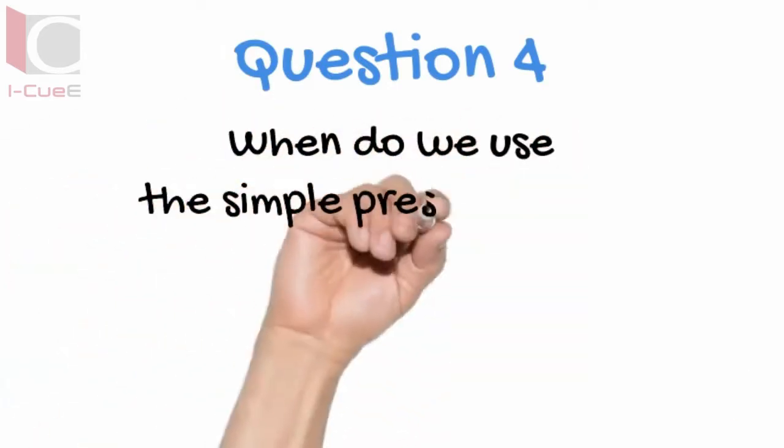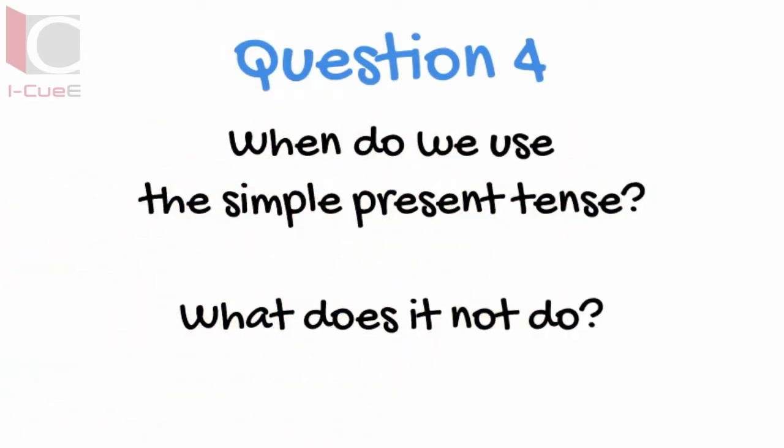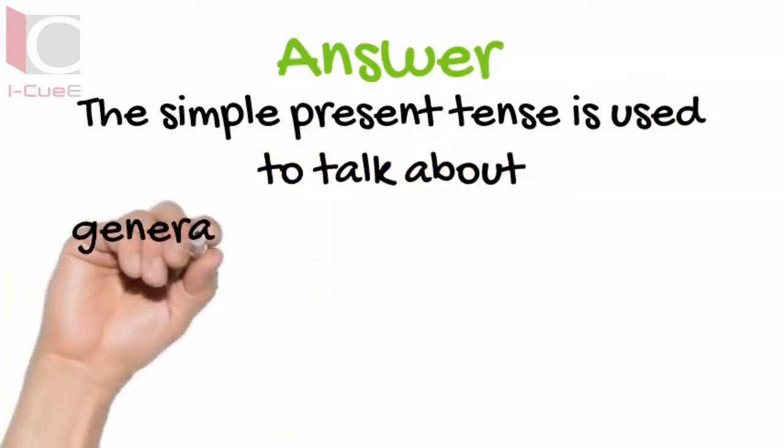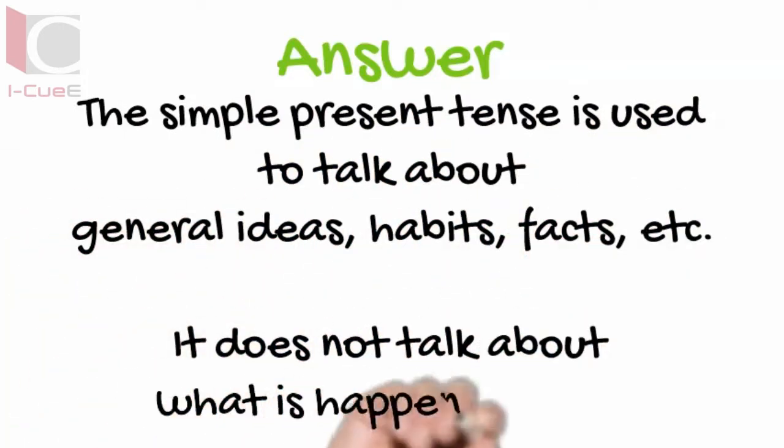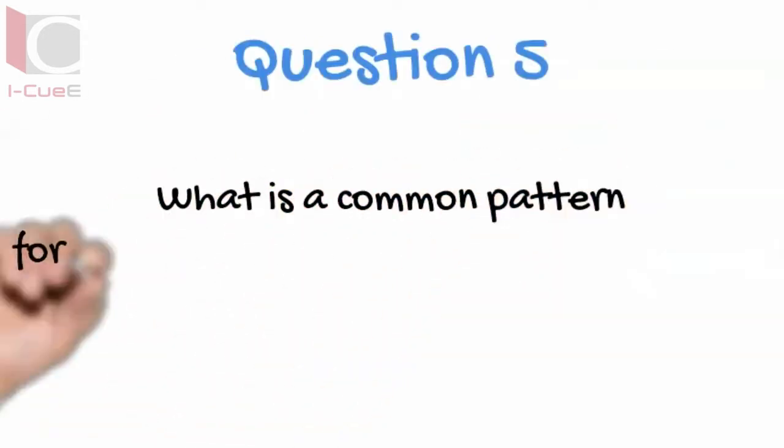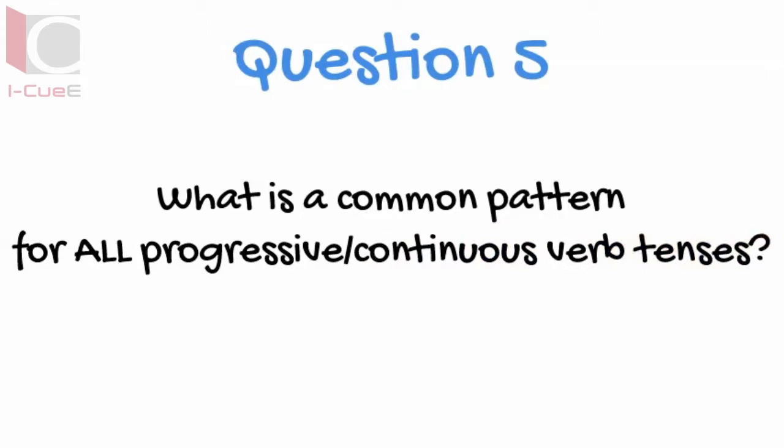When do we use the simple present tense? What does it not do? The simple present tense is used to talk about general ideas, habits, facts, etc. It does not talk about what is happening now. What is a common pattern for all progressive continuous verb tenses?